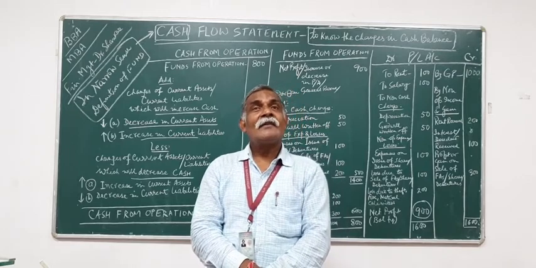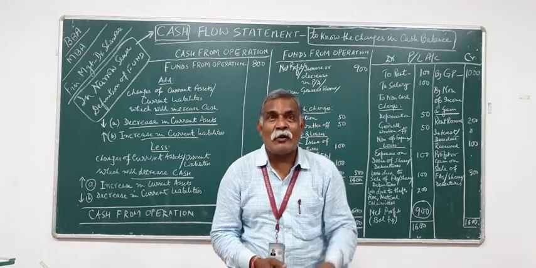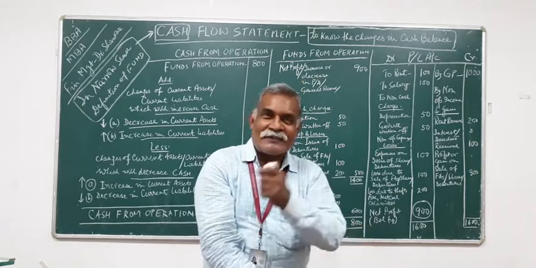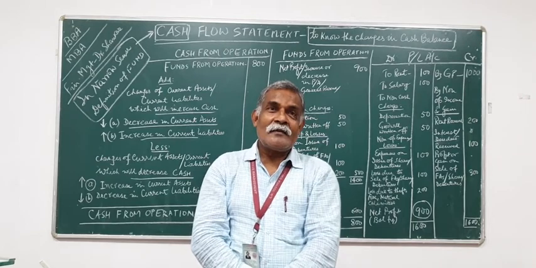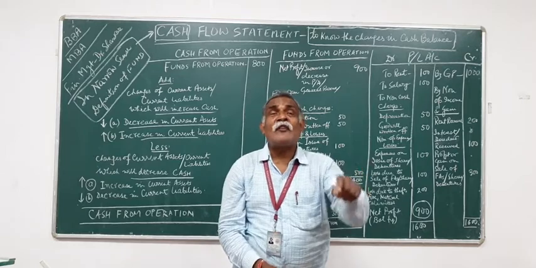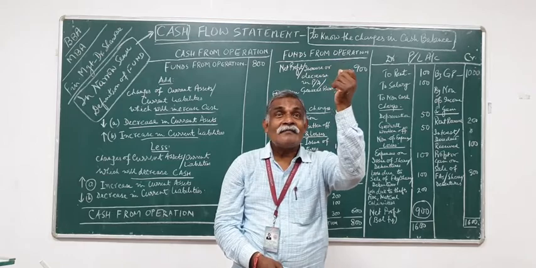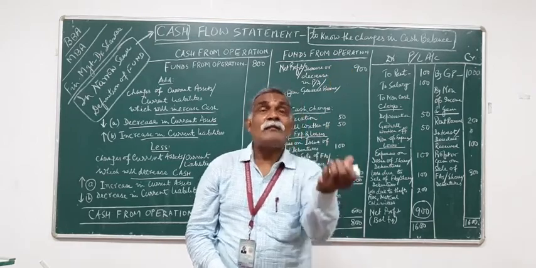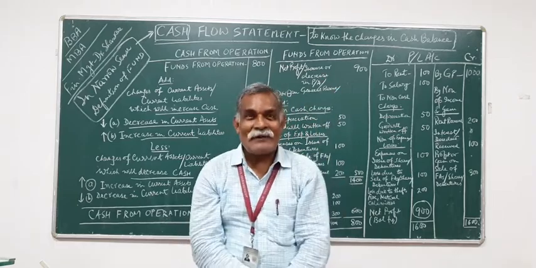The amount by which the net profit in the profit and loss account is increased, you have to deduct to nullify the effect, and the amount by which the net profit is decreased, we have to add back to nullify the effect.